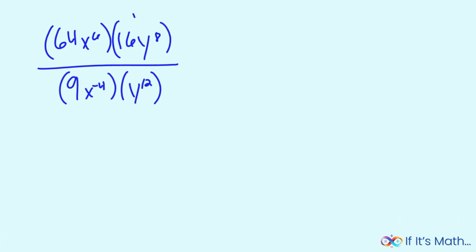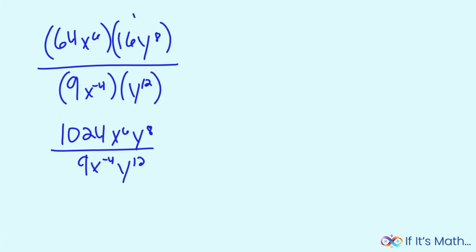Okay, so now let's go through the top and bottom and simplify each one. So I've got 64 times 16, x to the 6th, y to the 8th. So what that's going to give me is 1024 x to the 6th, y to the 8th, divided by 9 x to the negative 4th, y to the 12th.